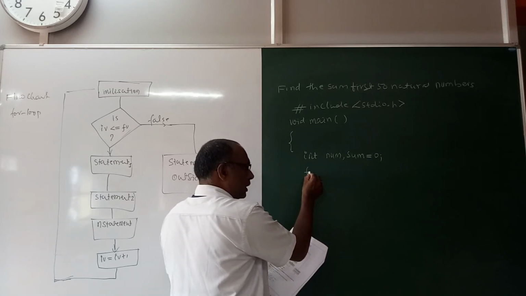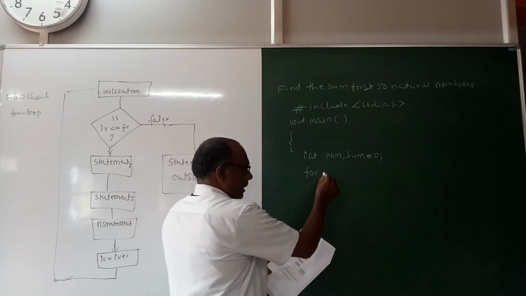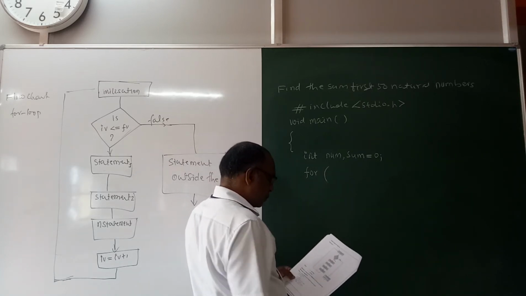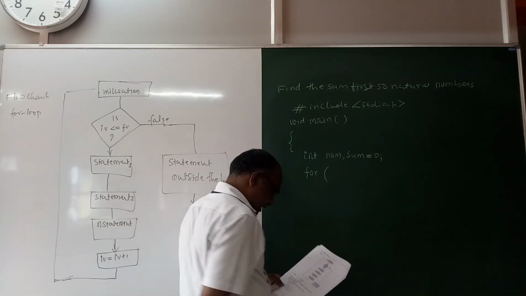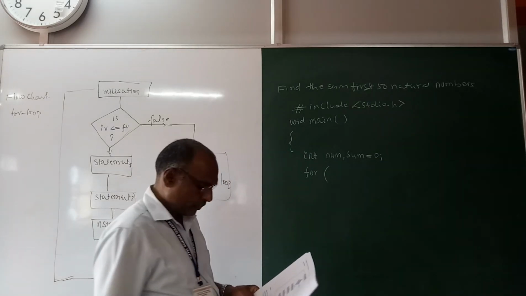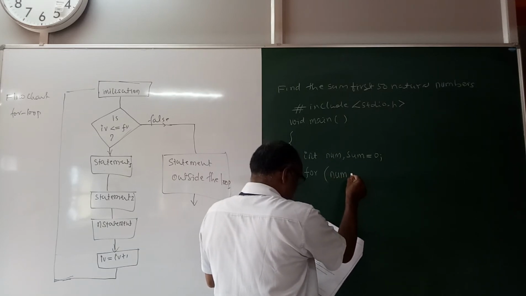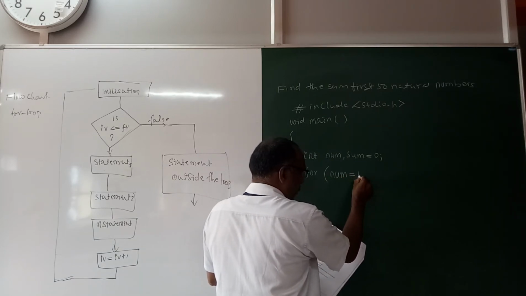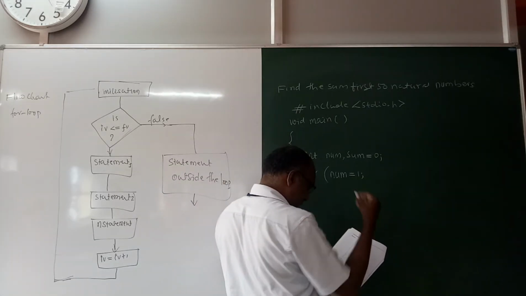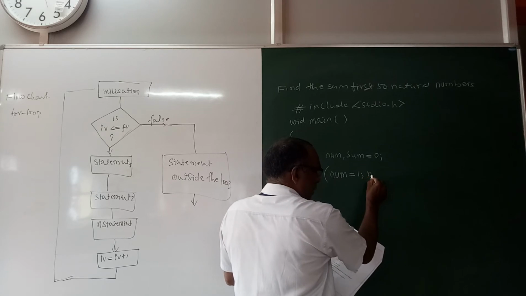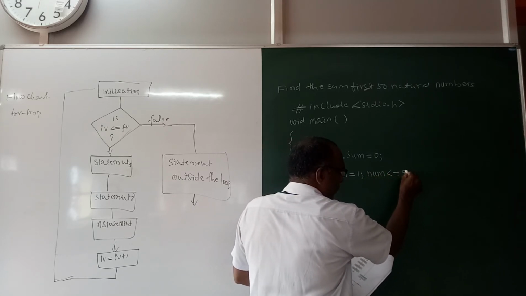Now we'll start with for. For is a keyword. Inside the parenthesis, according to its syntax, expression 1 is number equal to 1, expression 2 is number less than or equal to 50.